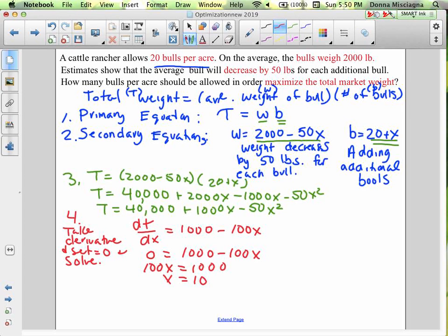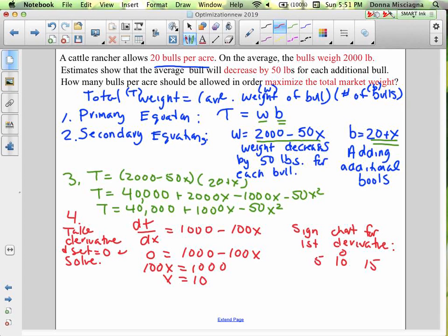All right, so let's do a sign chart for the first derivative. We have 10, and we want something less than 10. How about 5? Something more than 10. How about 15?